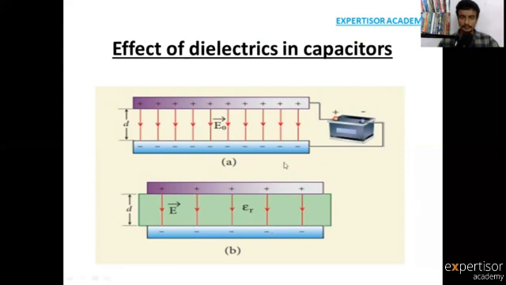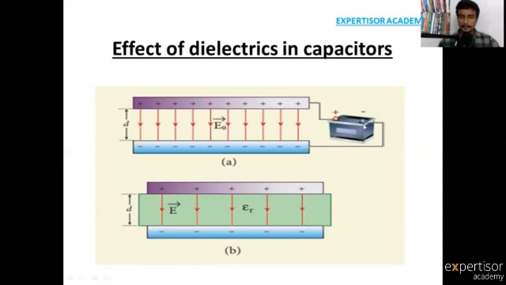That means E is equal to E naught into epsilon r, V is equal to V naught into epsilon r, C is equal to C naught into epsilon r. When you apply the battery in the presence of dielectric, epsilon r is multiplied with the starting value, either electric field, capacitance, or charge.